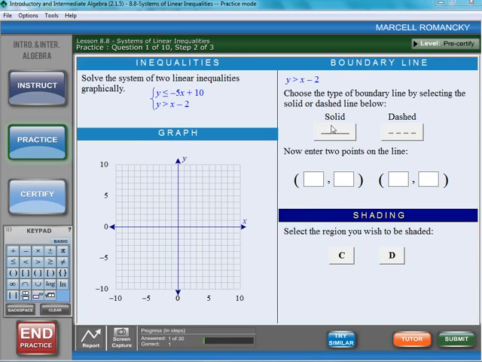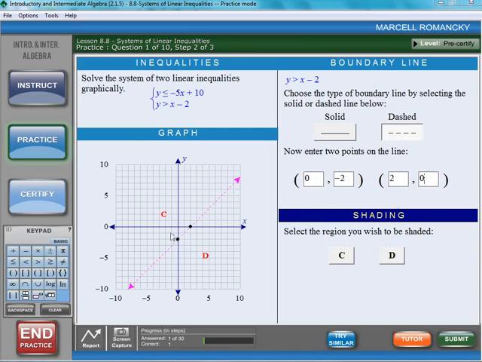Do I pick a solid or a dashed line? Dashed, because there's no equals. We solved our 2 points before, and we had (0, -2) and we had (2, 0), right? Okay. And it put my dashed line in there.